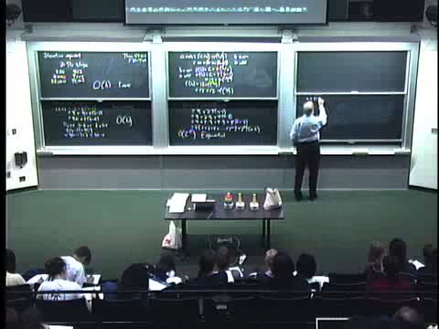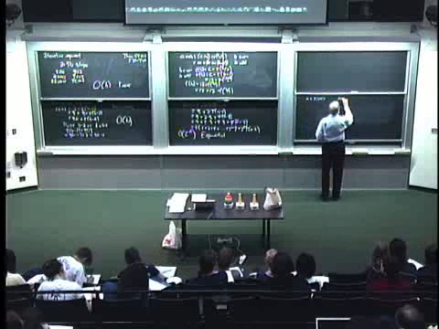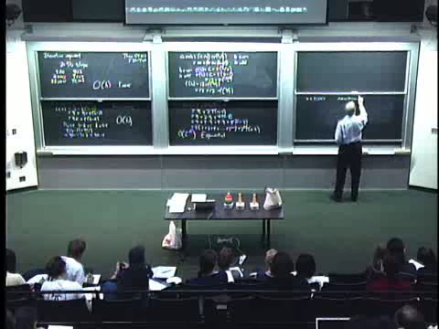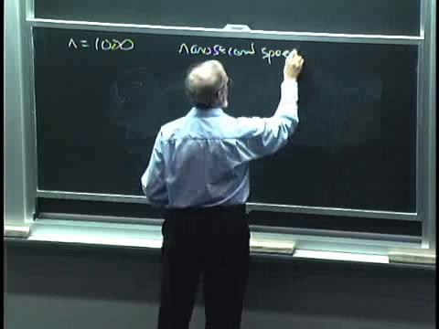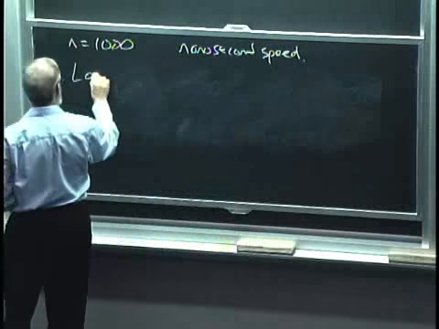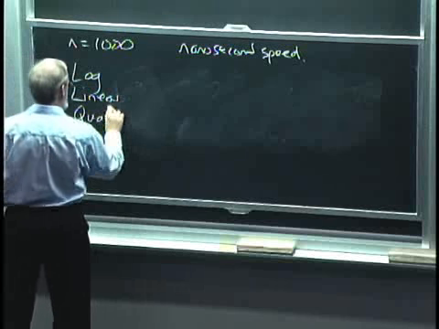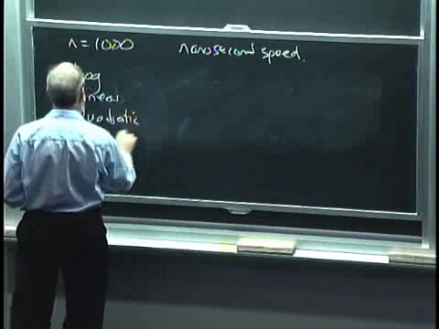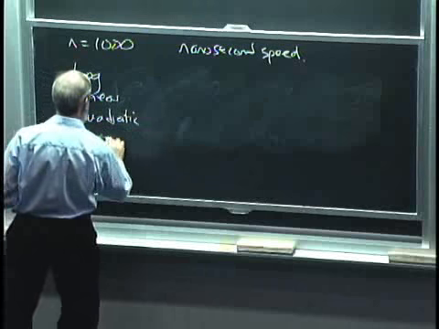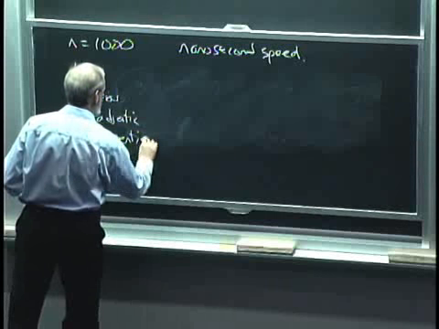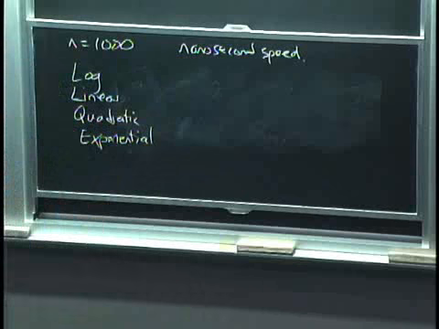Let's suppose n is 1,000, and we're running at nanosecond speed. We have seen log, linear, quadratic, and exponential. Again, there could be constants in here, but just to give you a sense of this.